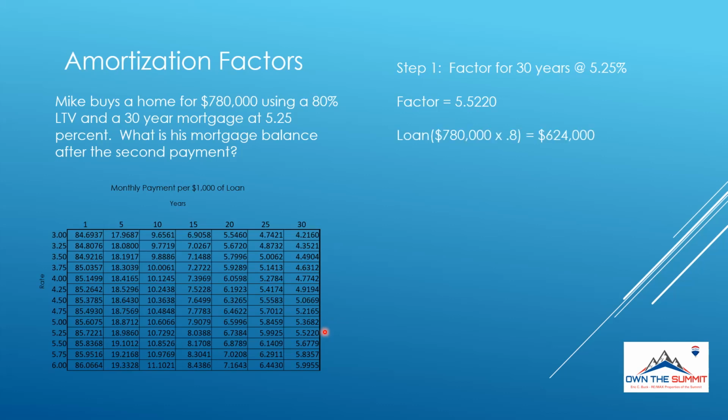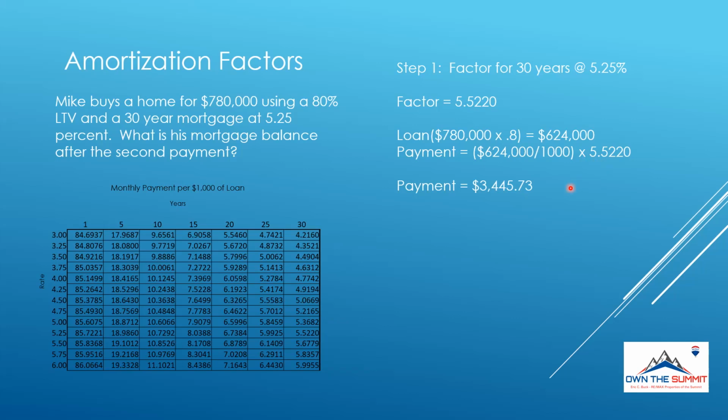How much is he borrowing? Well, he's borrowing 80% of $780,000, which is $624,000. So the payment is going to be 624 divided by 1,000 times 5.5220, or a payment of $3,445.73. So that's his total payment.